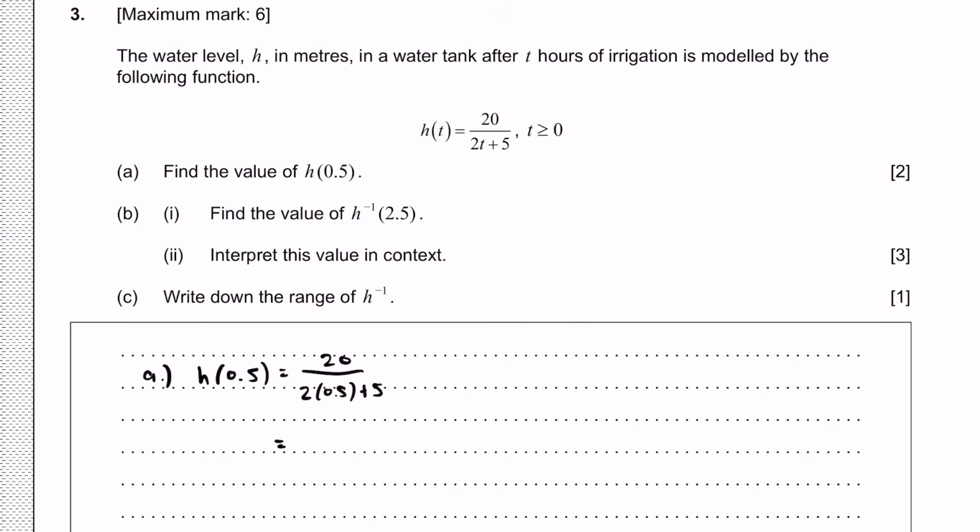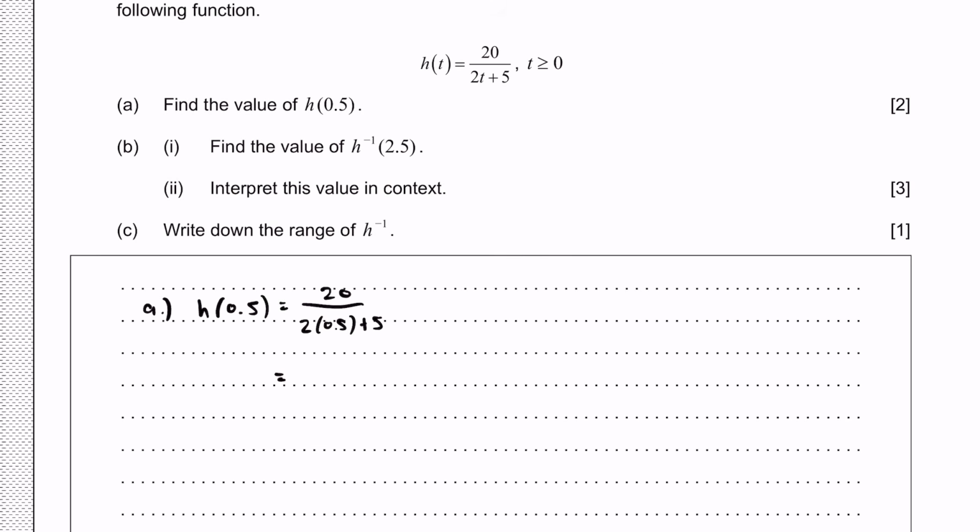And I guess we can go to the calculator and solve this, but 2 times 0.5 is 1. 1 plus 5 is 6. So 20 over 6, or we can write this as 10 over 3, or 3.333333 and on. Okay, so what does this mean in practice? After 0.5 hours, the height of the irrigation tank is 3.33 meters.